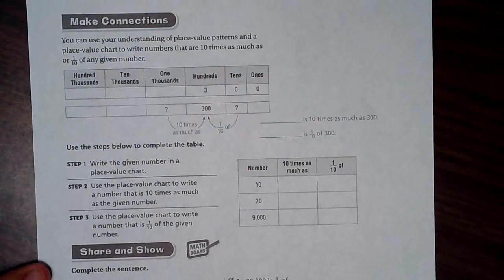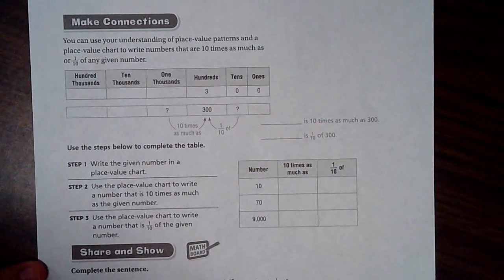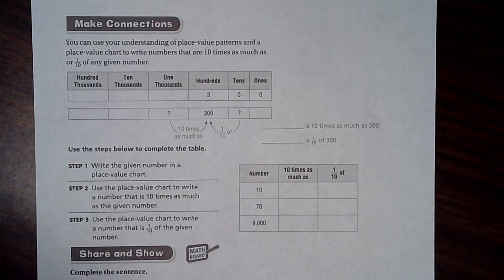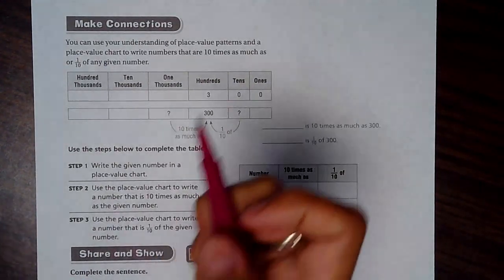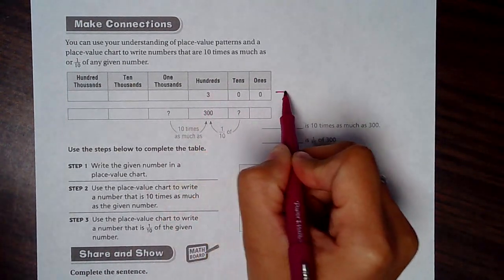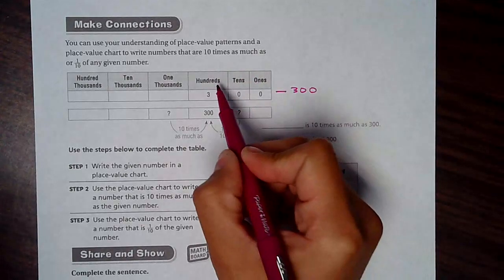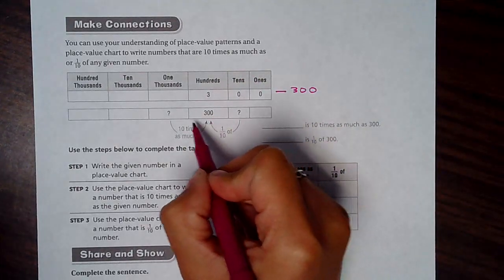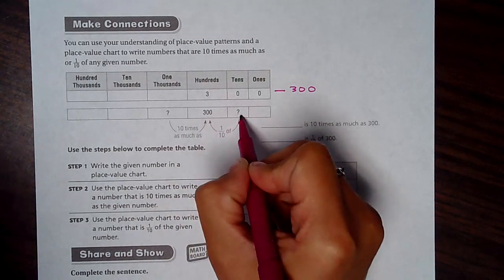Look at the next page. Here's what we talked about. You can use your understanding of place value patterns and place value chart to write numbers that are 10 times as much as or 1/10 of any given number. Okay, so look right here. This is 300. Well, what's 1/10 of that? They want to know what is 1/10 of this.